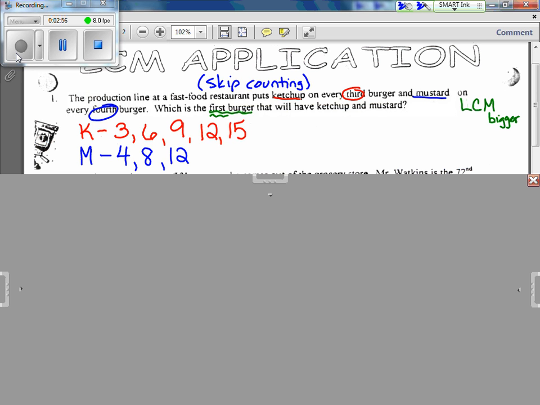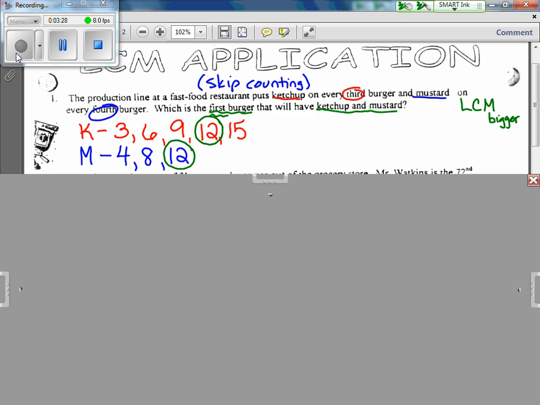Okay, now I'm going to stop, because what I notice is the number 12 burger has ketchup on it. Now I'm seeing that same number on the second listing for mustard, which means that the 12th burger got ketchup put on it, but it also has mustard put on it, and that's what we were looking for in our problem. So LCM: M being multiples getting bigger, skip counting. C is our common.